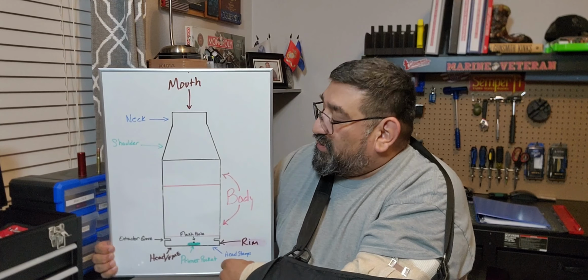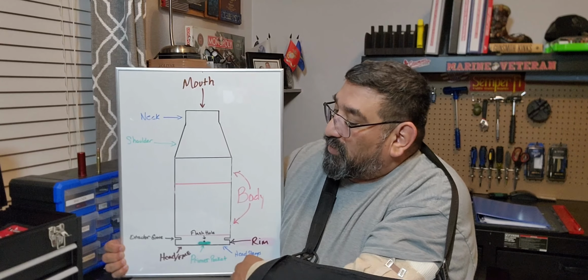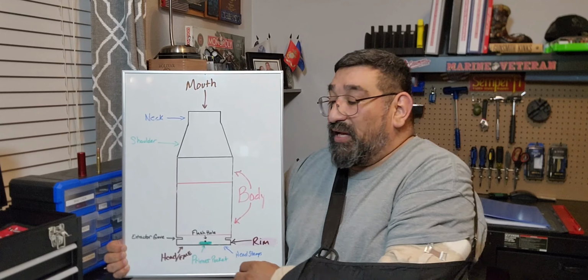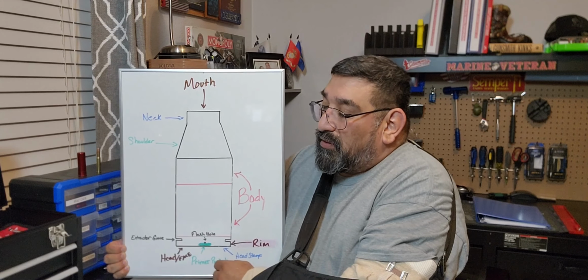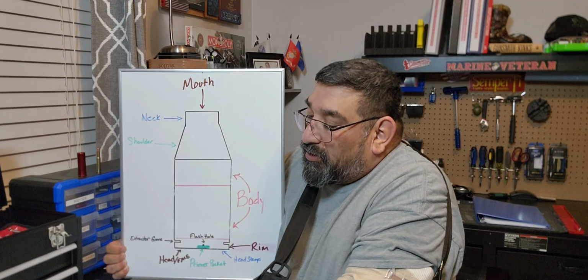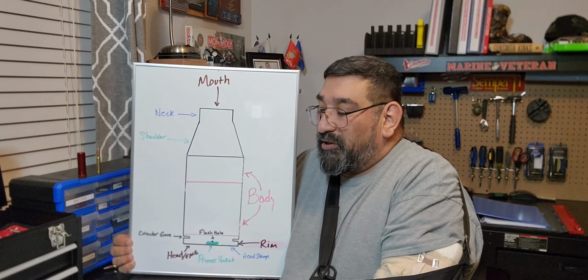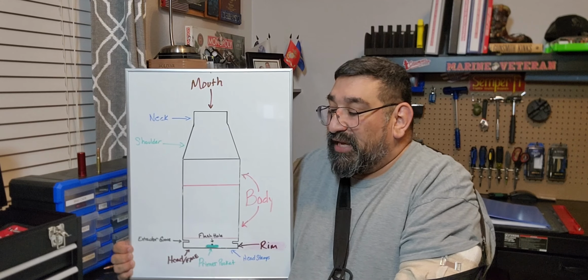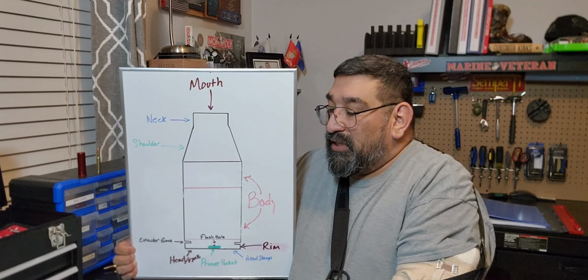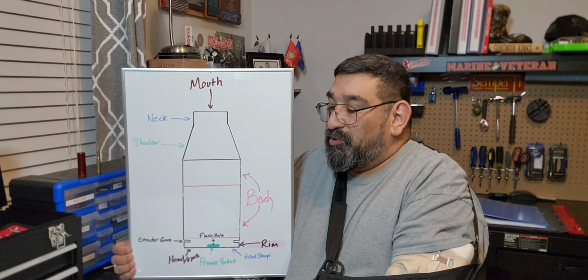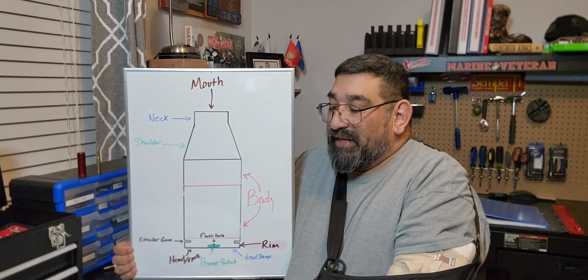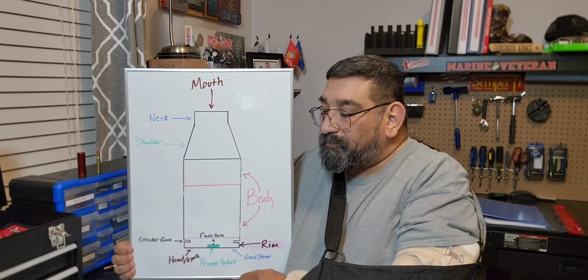The modern cases were designed this way for higher pressures and velocity. It also allowed for greater powder capacity, better gas seal, and more accurate alignment with the barrel, as well as a smoother feeding from the magazine and better extractions.